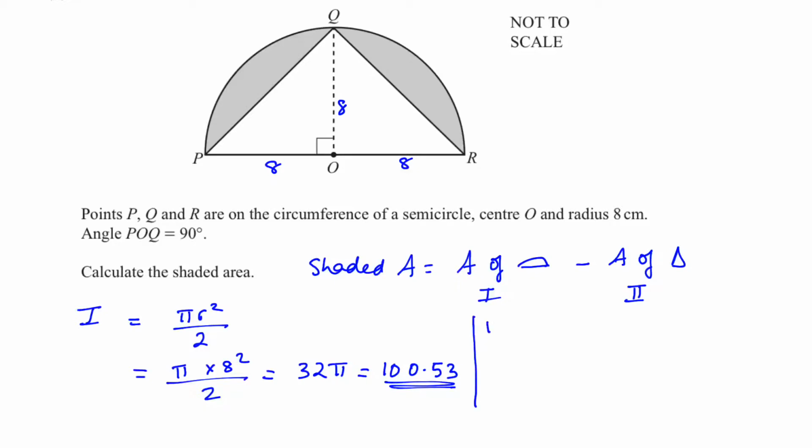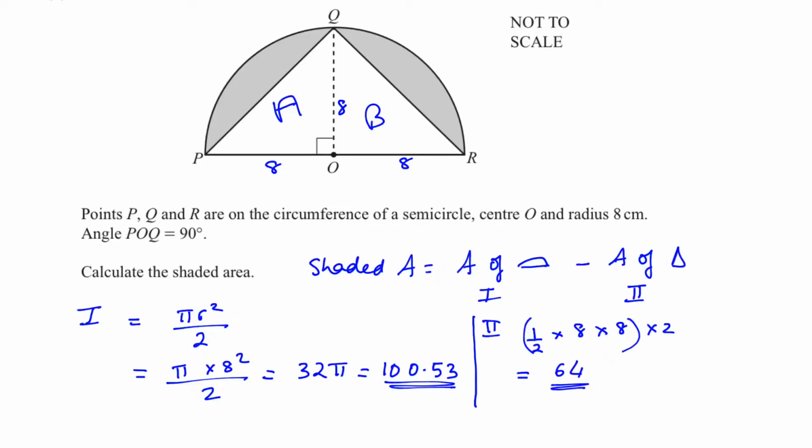To find the second area, the area of the triangle, we can make two equal triangles, triangle A and triangle B. The areas are going to be the same because they are isosceles triangles. So half times base, which is 8, times height 8, multiplied by 2. In doing so, we will get the whole area of triangles A and B. It will give us 64.